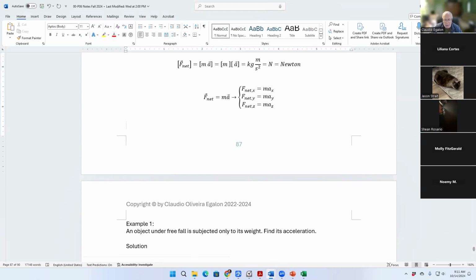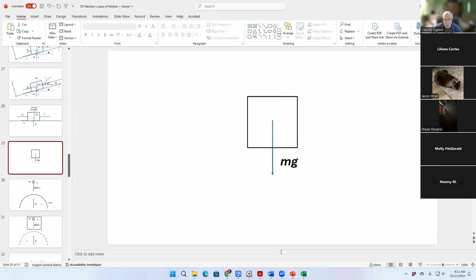So to solve this problem, we have to do a free body diagram. We come up with a free body diagram, and we must identify all the forces that are acting on this object.